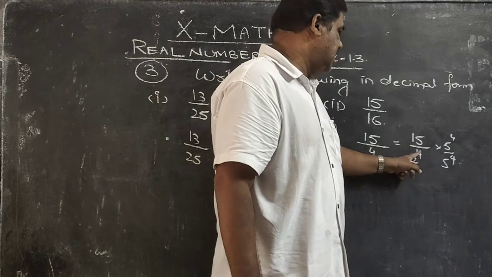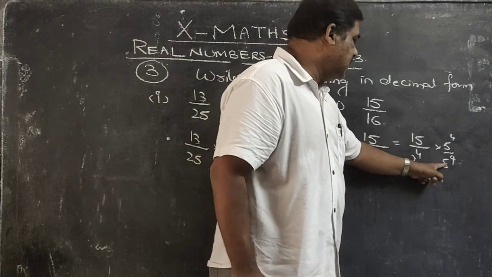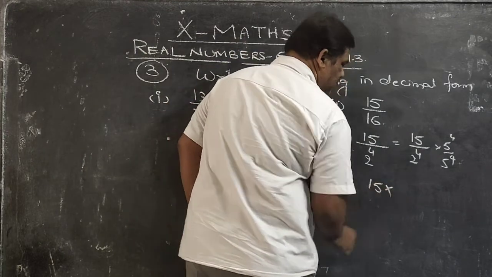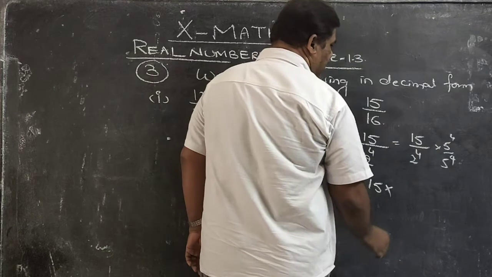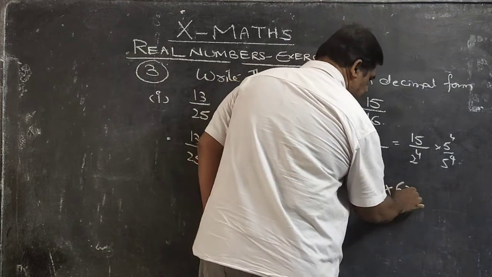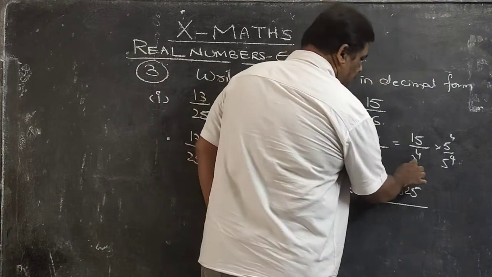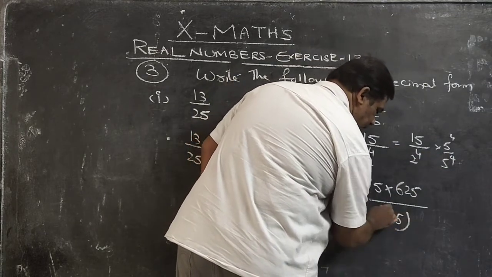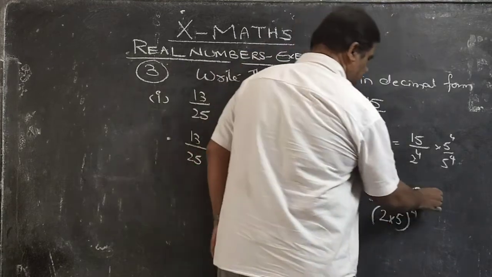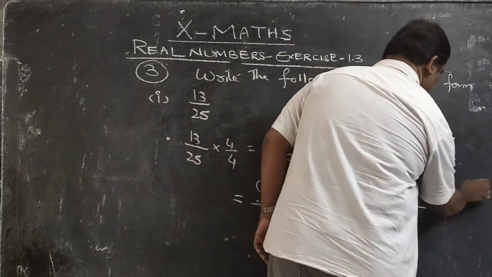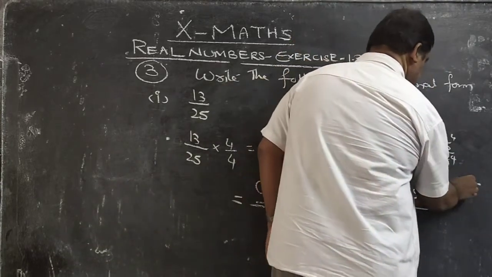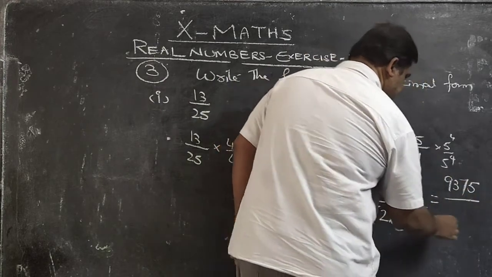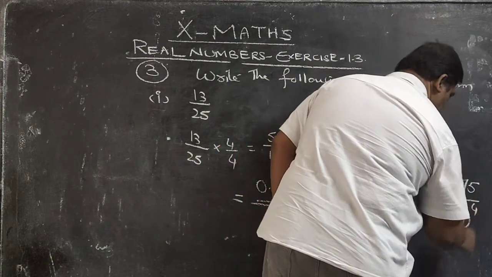Here 2 power 4 is there. 2 into 5 is 10. Let us multiply and divide by 5 to the power 4. So 15 into 5 to the power 4, 5 fives are 25, 25 into 5 and so on gives 9375. Here 2 and 5 both have the same power, so you can write 2 into 5 whole to the power 4. 2 fives are 10 to the power 4.